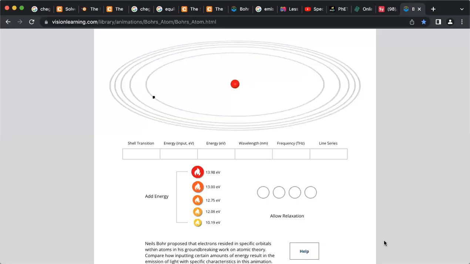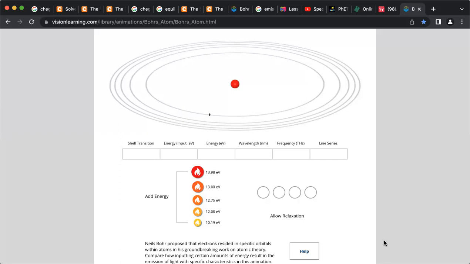Remember, this is the hydrogen atom. Right now, that little black ball is the electron that the hydrogen atom has. At this moment, it's in the ground state.